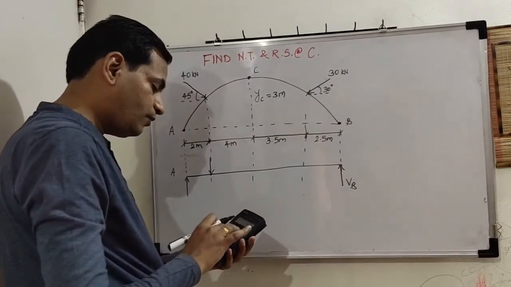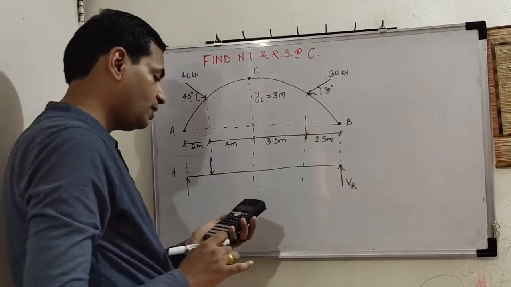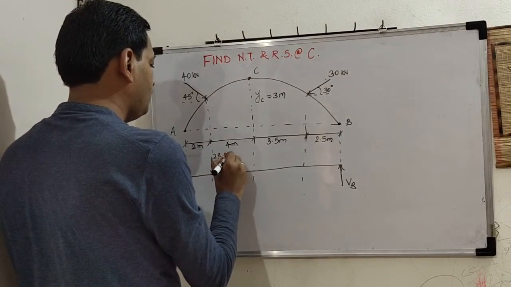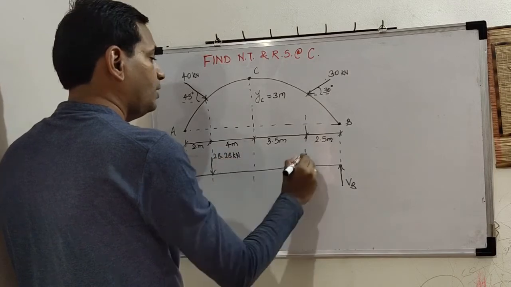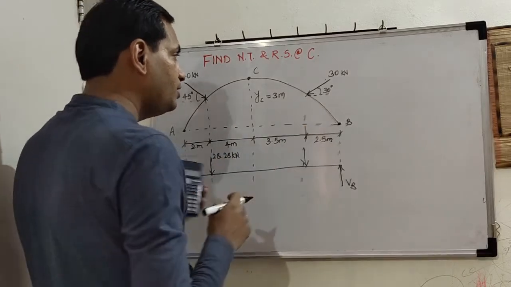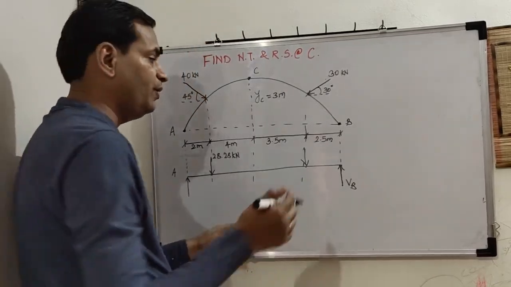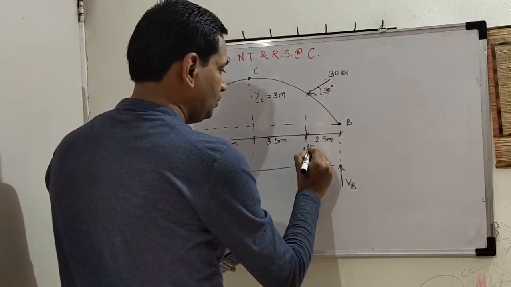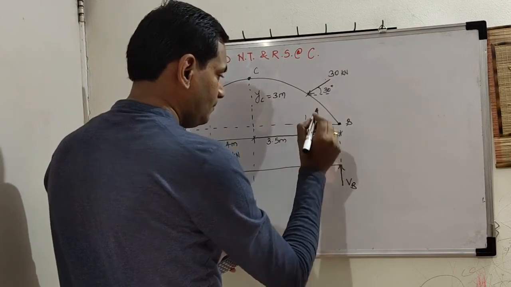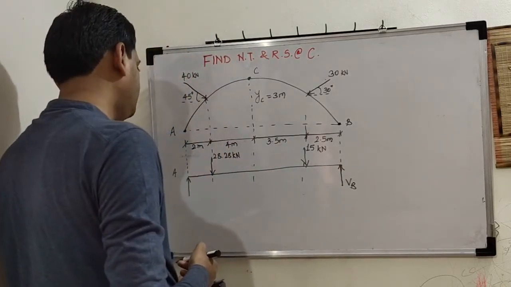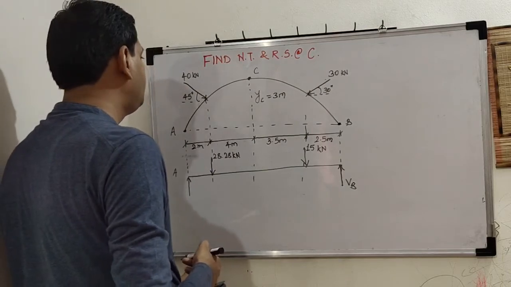So 40 sine 45 is how much? 28.28 kilonewton. Okay, and here 30 sine 30 is 15 kilonewton. So we shall first of all find these two vertical reactions.